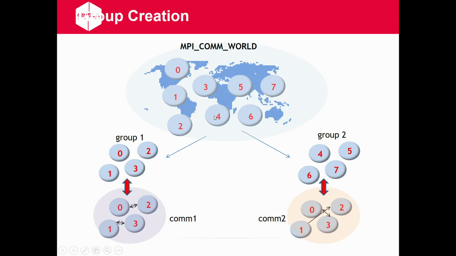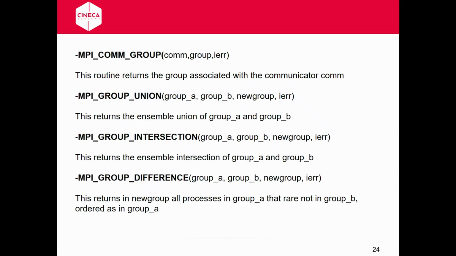In this case, processes 4 and 5 are both in group A and in group B, and using the group intersection as output, you obtain a new group that contains only process 4 and process 5. You can also compute the difference between group A and group B.